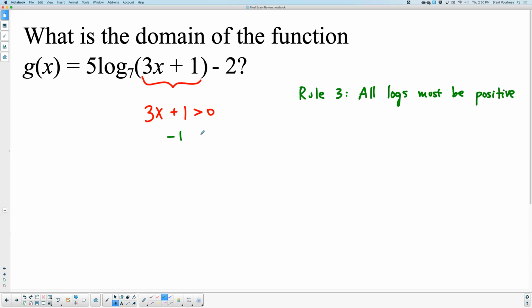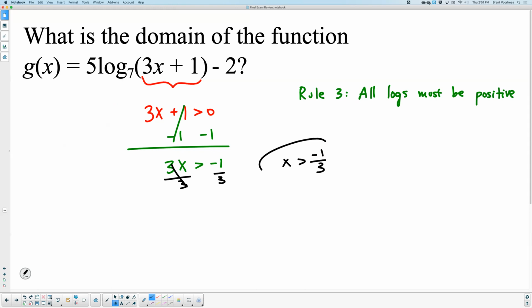So we subtract 1 from both sides. And so 3x is greater than -1, which means x has to be greater than -1/3. There's your domain. Notice I did not say all x values must be positive. That's not what it is. It's all logarithms. This logarithm must be positive.